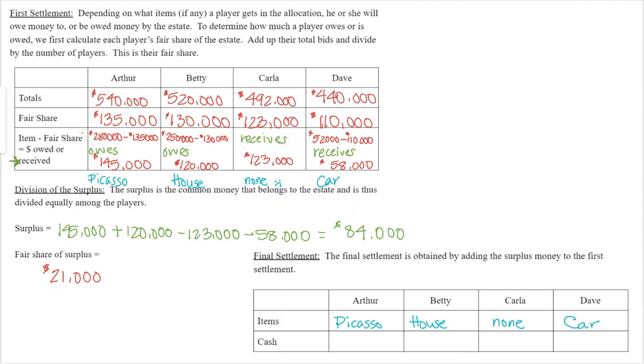And then look at their cash, which is going to be based on what they either owed or received in the first settlement, and then taking into account the fact that they get $21,000 on top of that from the surplus. So Arthur owed $145,000, but he gets $21,000 of that back. So he owes $124,000.